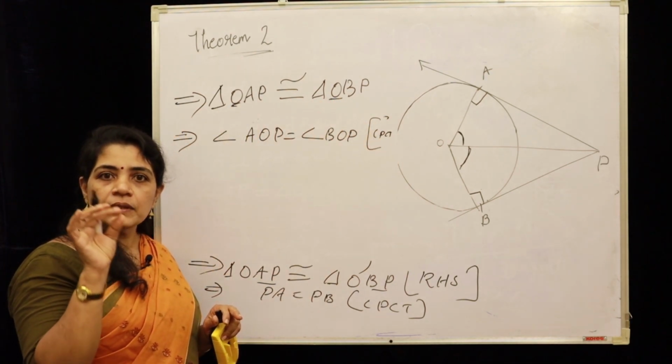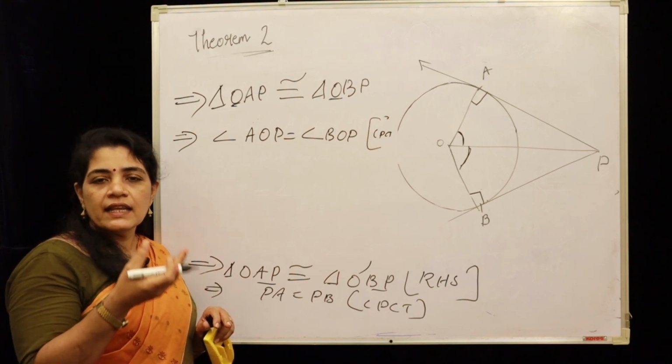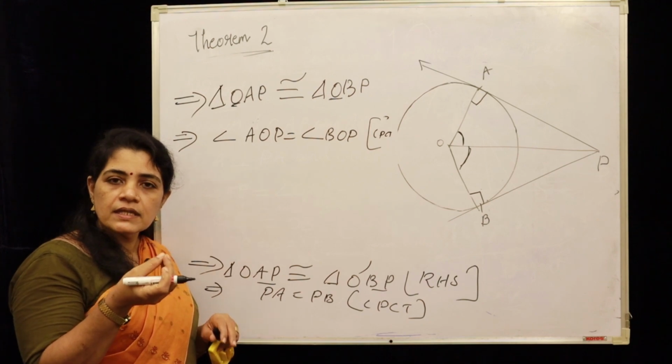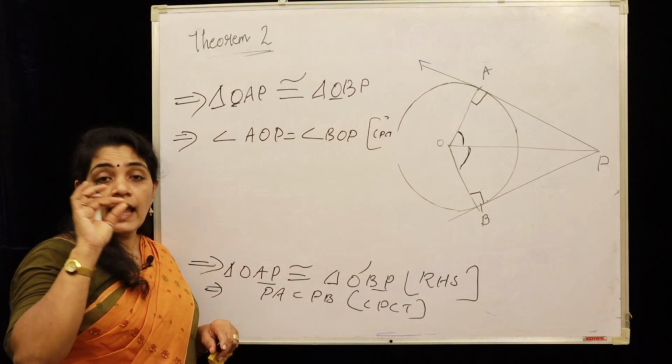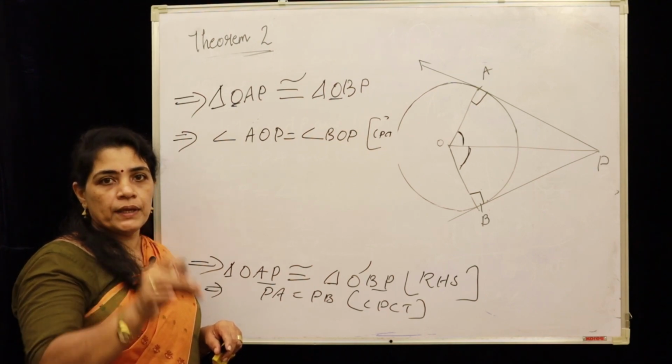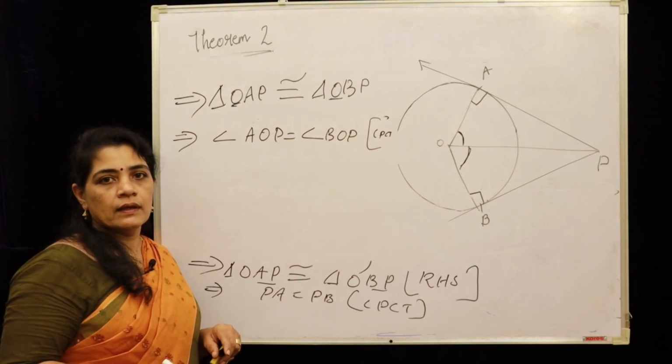See the position, first position and first position. So you can keep that vertex in the middle, so that you can easily represent it in terms of three vertices: AOP, and for the second triangle, BOP.